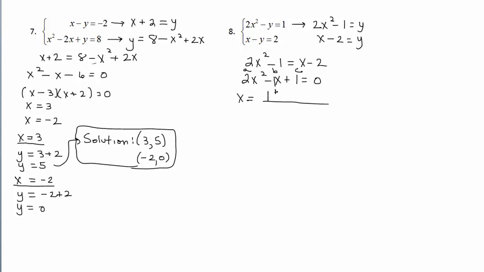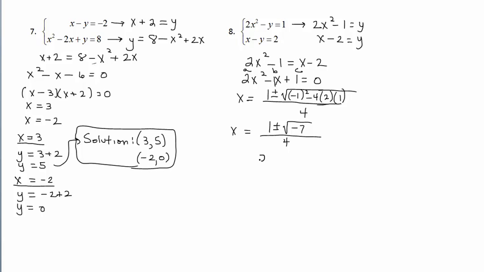So opposite B, minus 4 times A, 2, times C, 1, all over 2 times A. 2 times 2 is 4. All right, 1 minus 8.